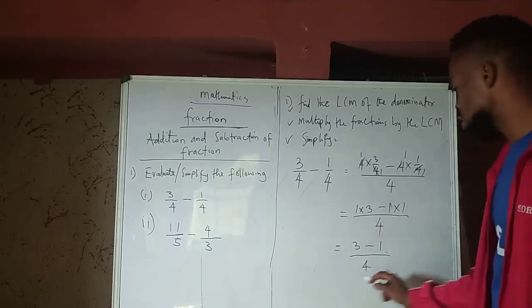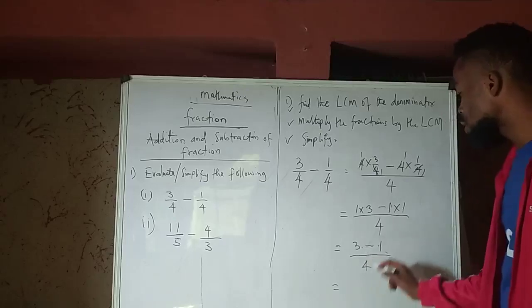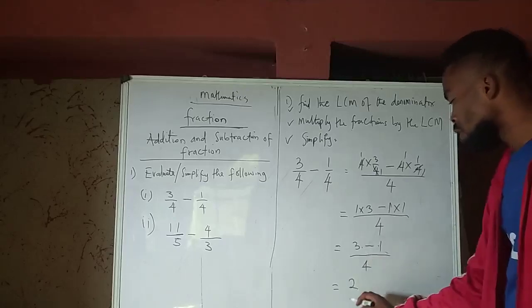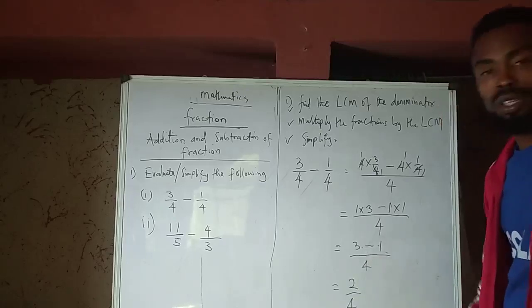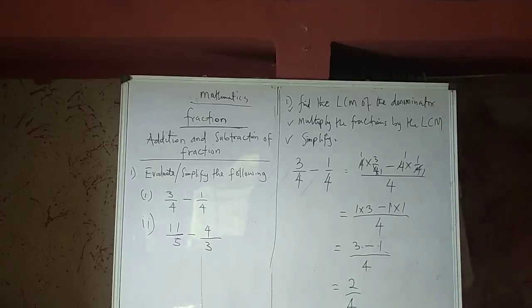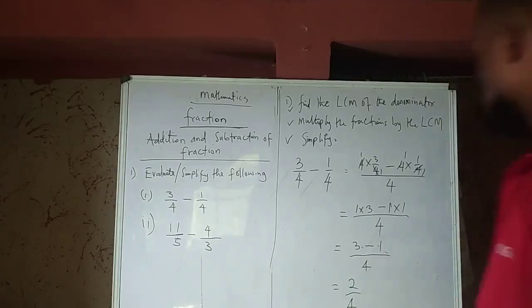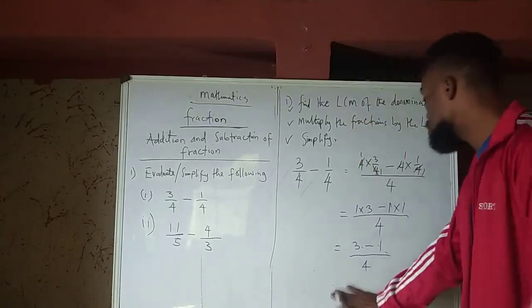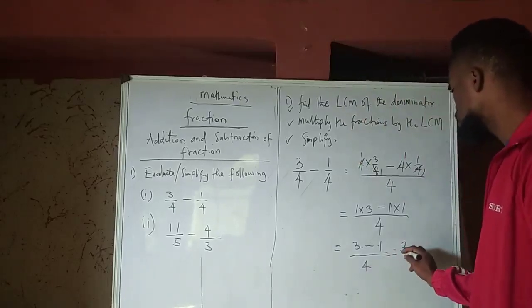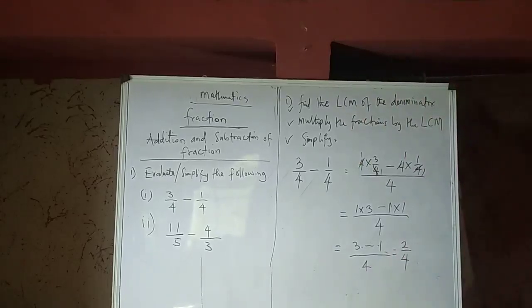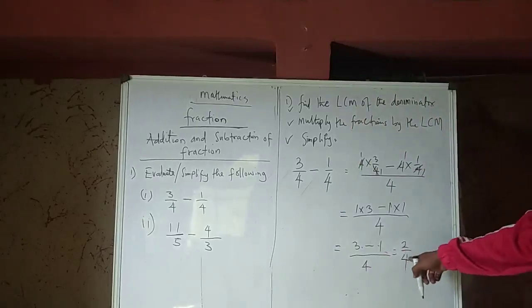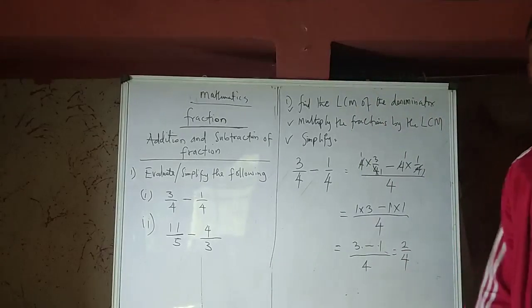So this now becomes 3 minus 1, which is 2, all over 4. So this is going to be equal to 2 over 4. But there is something that we can do here. We can reduce this fraction 2 over 4 to the lowest term.